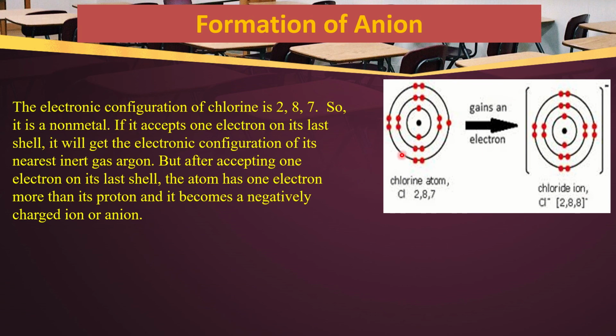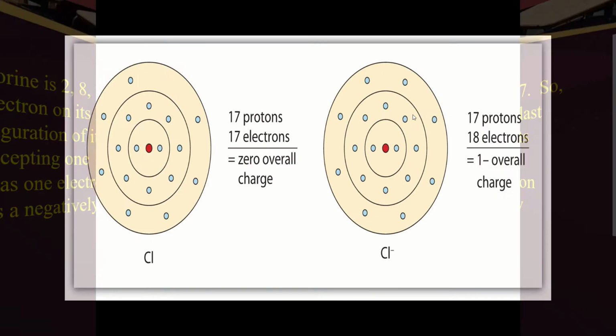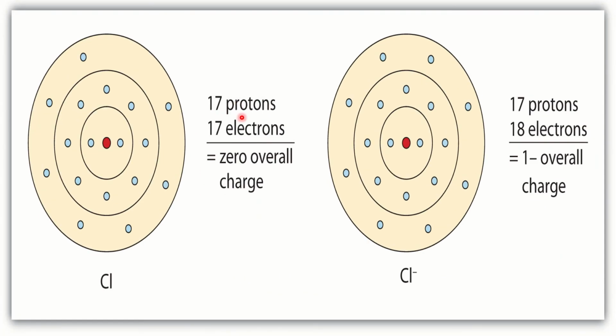Look, here chlorine has 17 protons and 17 electrons, but after accepting an electron, it has 17 protons and 18 electrons. So now it is Cl minus ion. When chlorine accepts 1 electron, it becomes Cl minus. Here, 17 protons and 17 electrons, overall charge is 0, but here 17 protons and 18 electrons, that means it has 1 electron more and its charge is 1 minus.